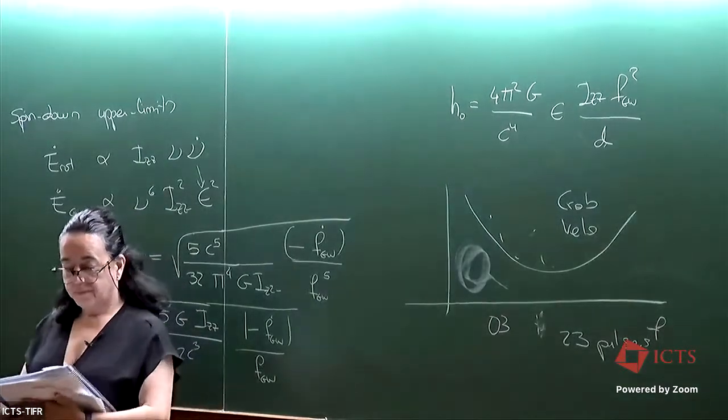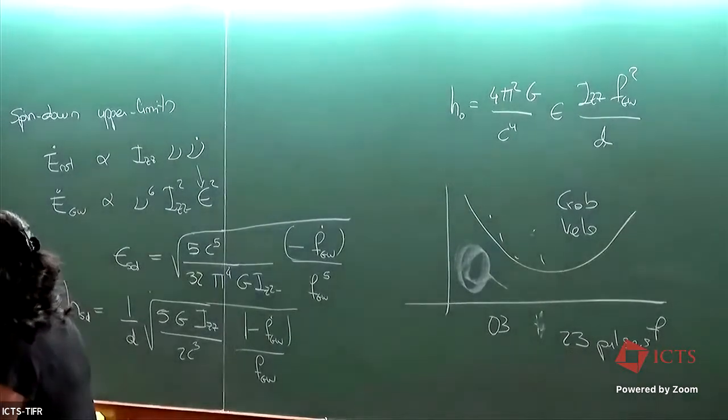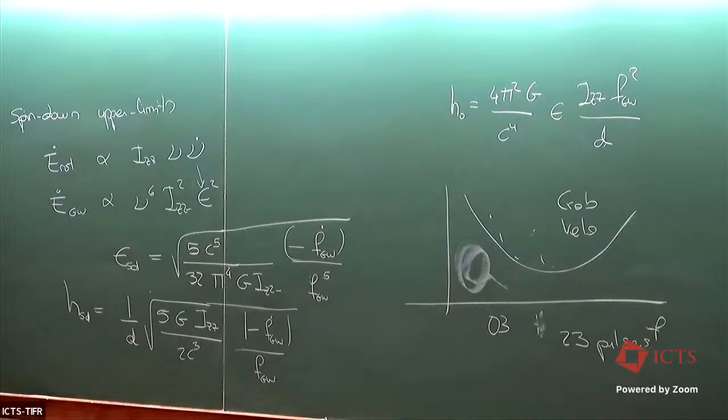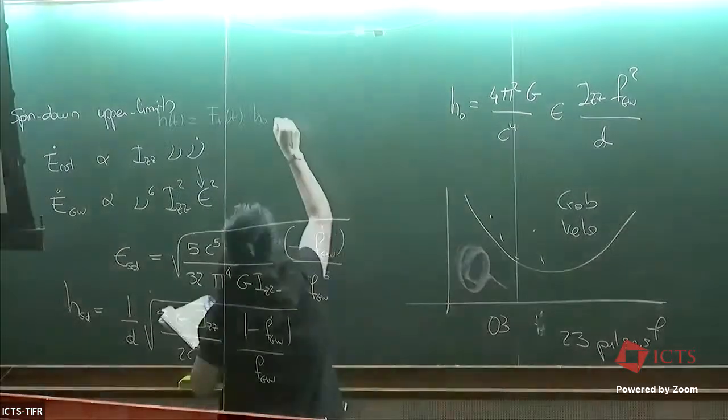Okay, so now let's go back to what was the signal that we are looking for. So the signal at the detector, as I was writing yesterday, is a combination of the two polarizations. It depends on this amplitude.